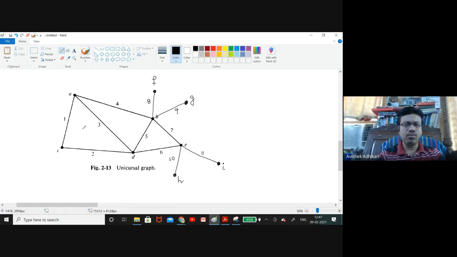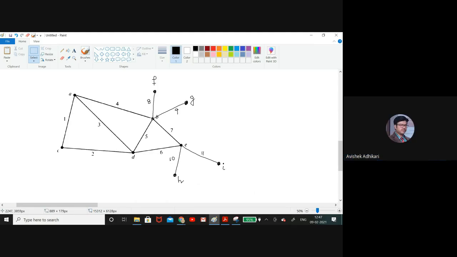So this is now my original graph. Suddenly this will not be a unicursal graph anymore, because if by chance you come here, you won't be able to come back here, because then you have to explore 8 twice.